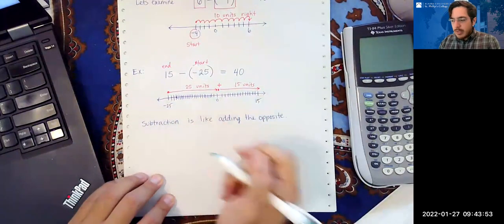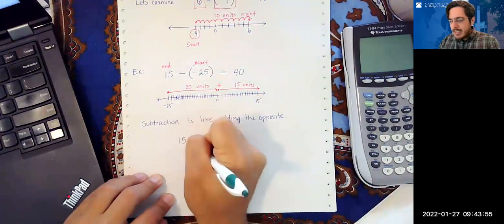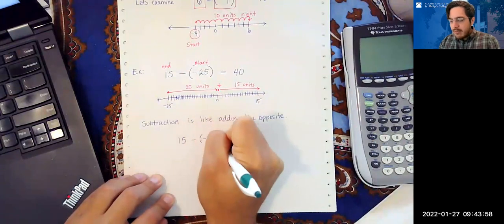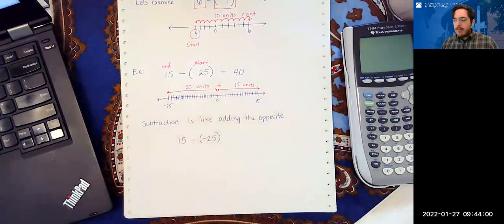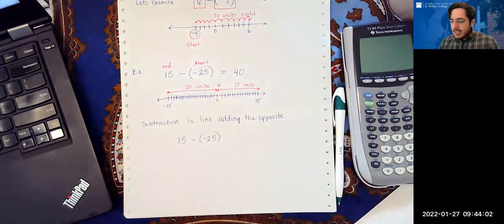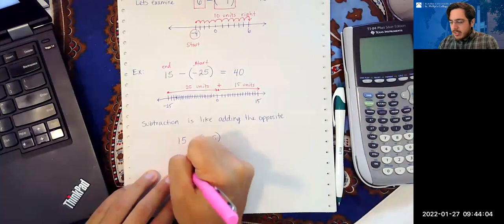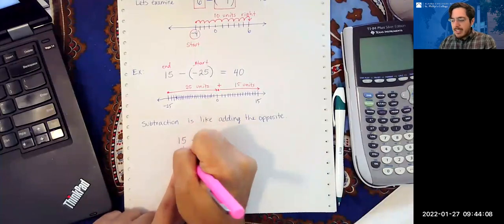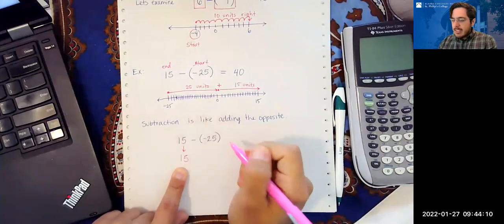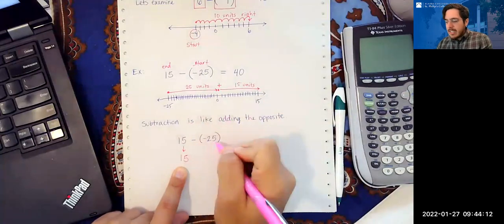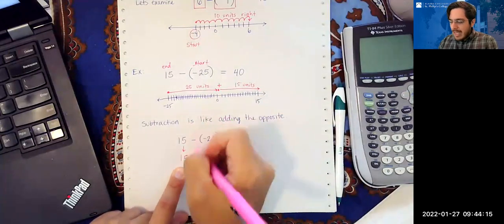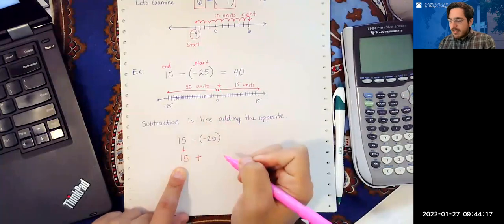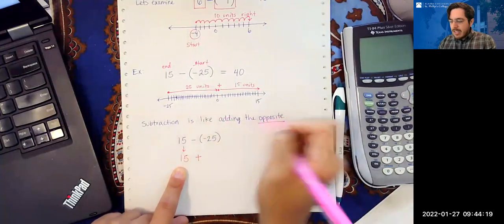What I mean is that we can take 15 minus negative 25, and if that's sort of confusing to think about, what we can do is keep the original number, the first number that's written down, the same. And instead of subtracting negative 25, we will add the opposite of negative 25.